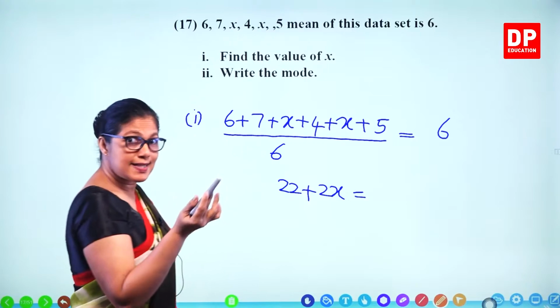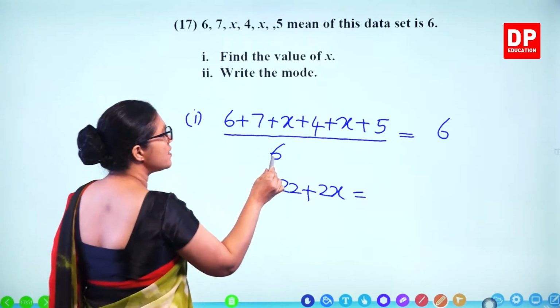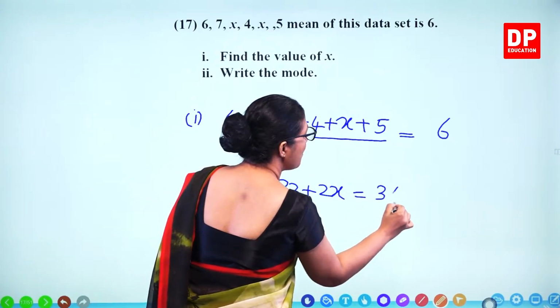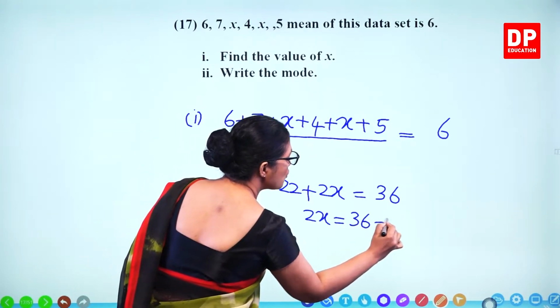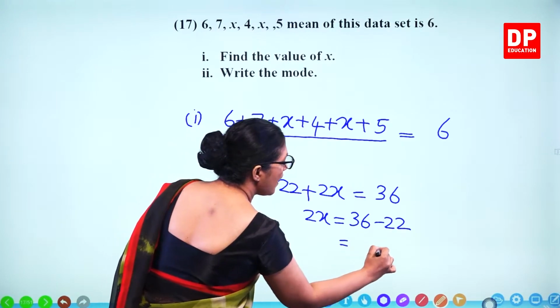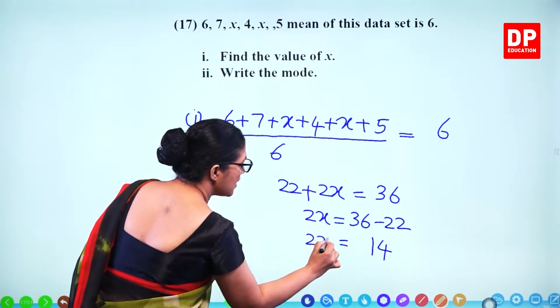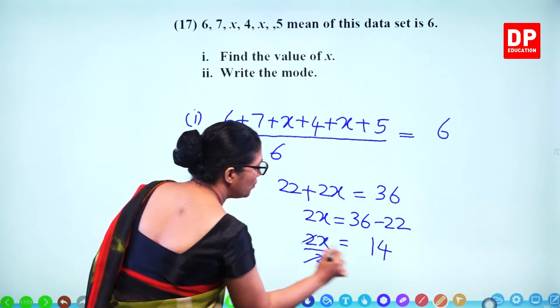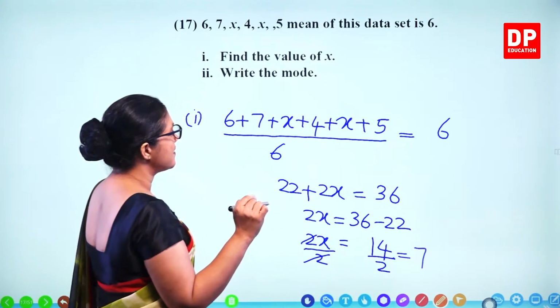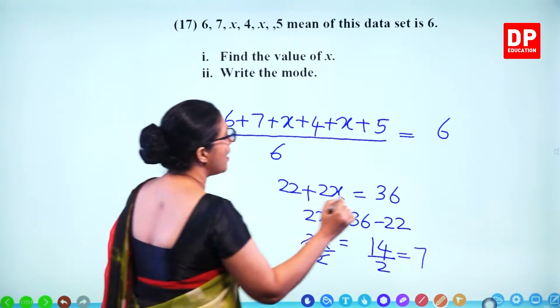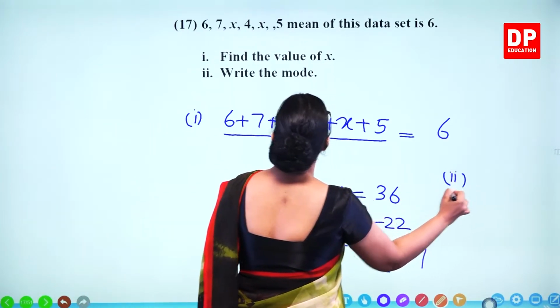Multiply both sides by 6 to get rid of the denominator. So that becomes 36. So 2x is 36 minus 22. That's 14. When you divide by 2, you get 7. So x is 7. And the second part says, write down the mode.